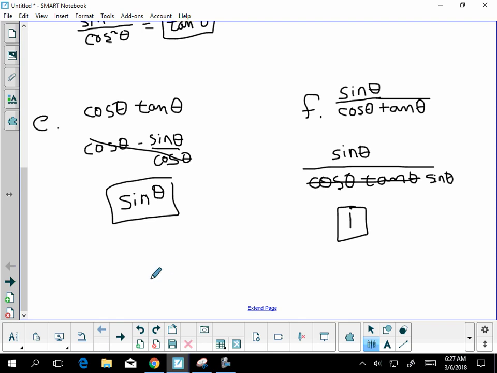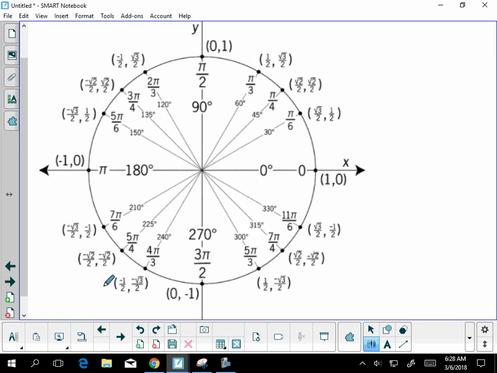Alright, on number 2, they're asking us to find the angle measurement. They're actually asking for the degree, so we want to do it in degrees and not radians. So sine inverse of radical 3 over 2, that is your y coordinate, so that 2a would be 60 degrees, because that's radical 3 over 2, and 120 degrees.